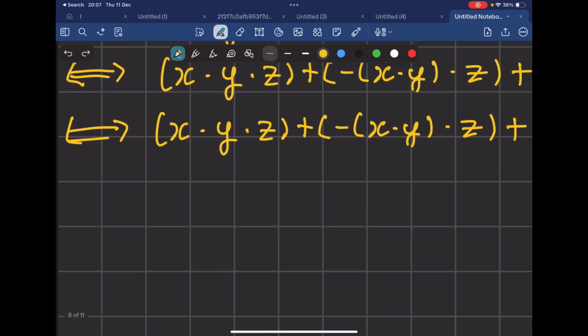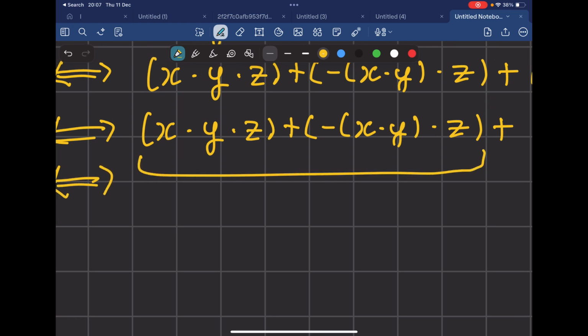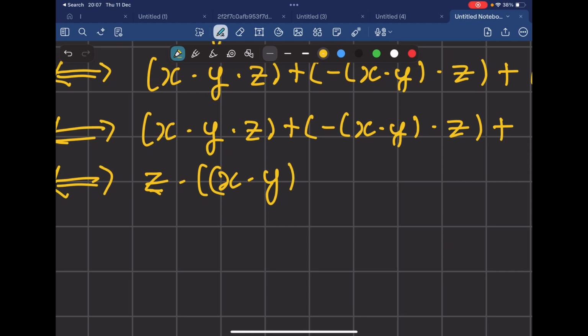Okay, so let's factorize z out of these two terms here. So doing that would give us z, and then, sorry, it's a bit messy, z, and x dot y plus not x dot y.